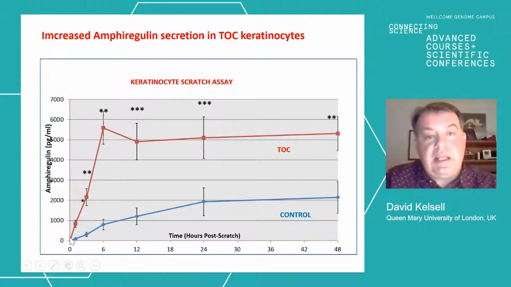You can see in the TOC keratinocytes, there's bucket loads of Amphiregulin being secreted compared to control. So basically what's happening is the TOC keratinocytes, which have the iRhom2 mutations, are adding their own growth factor to the media. And indeed, if you took conditioned media from the TOC keratinocytes and gave it to the control cells, they would start to proliferate in a similar fashion to TOC keratinocytes.